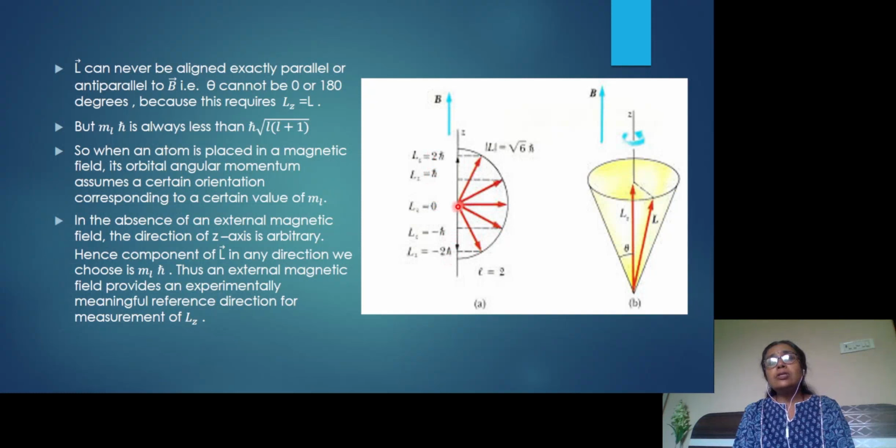For all these orientations, the magnitude of orbital angular momentum vector is constant, that is √6 h cross. But these are different orientations of L bar vector with respect to the applied magnetic field, which give rise to different values for Lz.